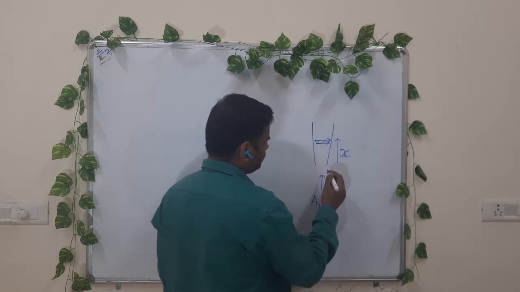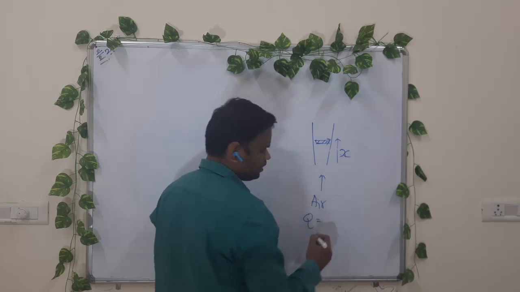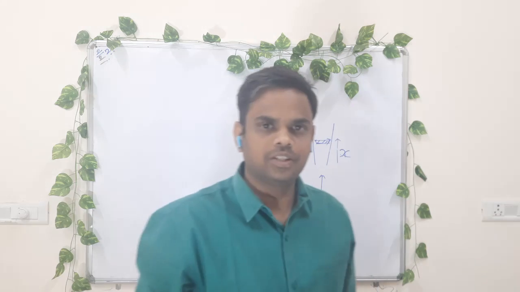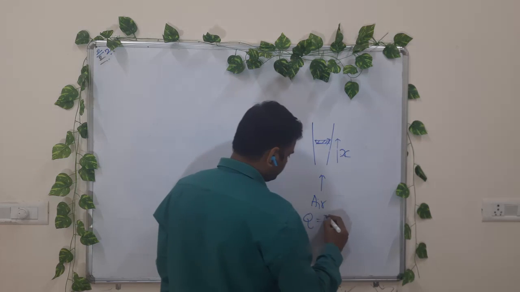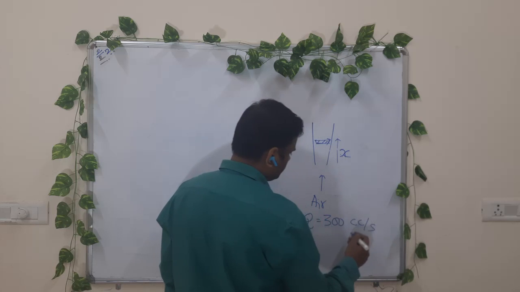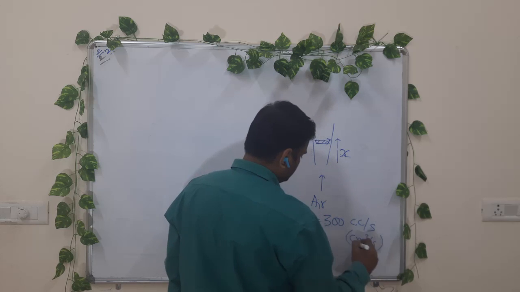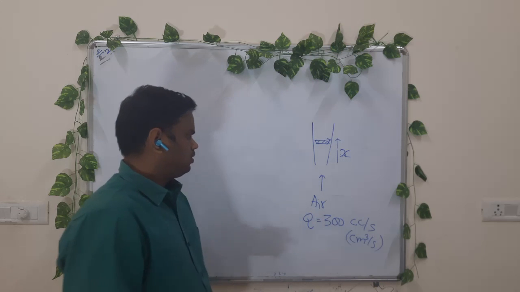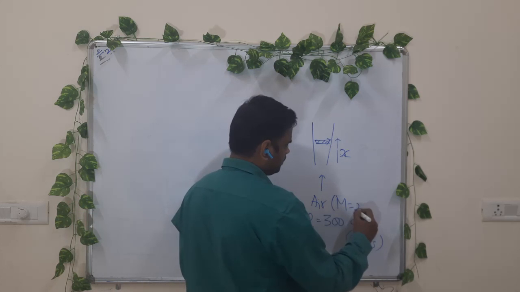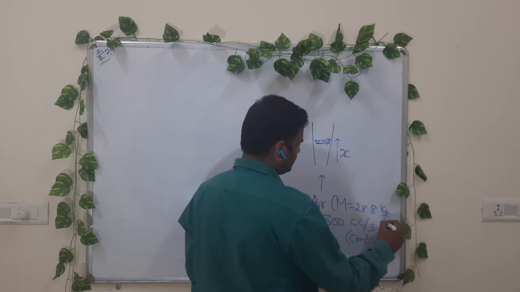With this position, the volumetric flow rate of air is found to be 300 cc per second, that is, cubic centimeter per second. Air has a molecular weight of 28.8 kg per meter cube.